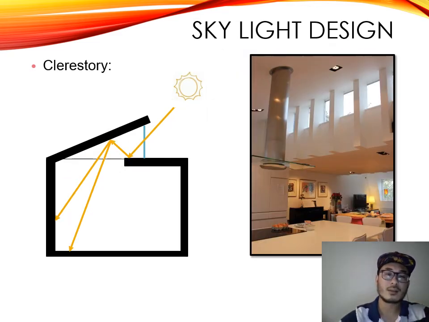Another example of skylight design is by designing a clerestory. A clerestory is a very high ceiling, which is normally 2 stories or more. This helps the lower part of the room or space to get lit through the clerestory window.